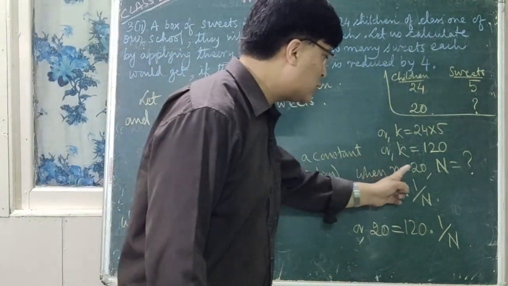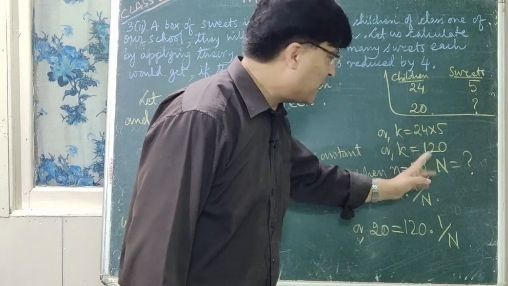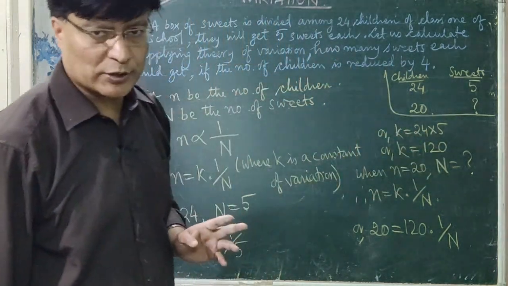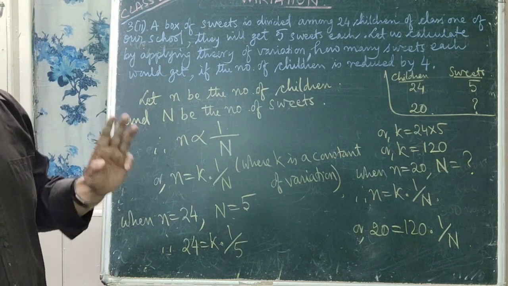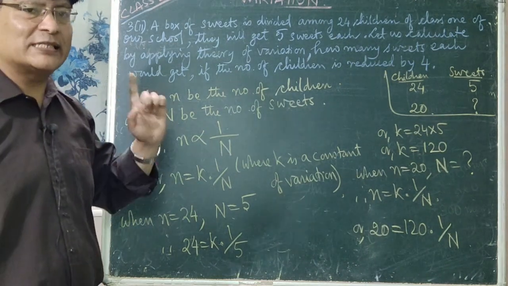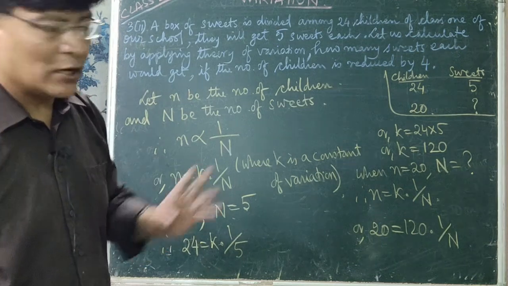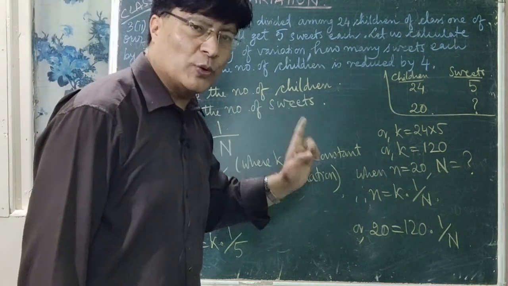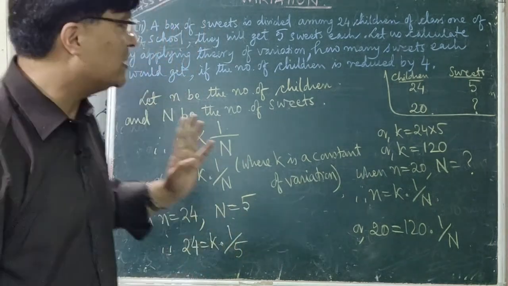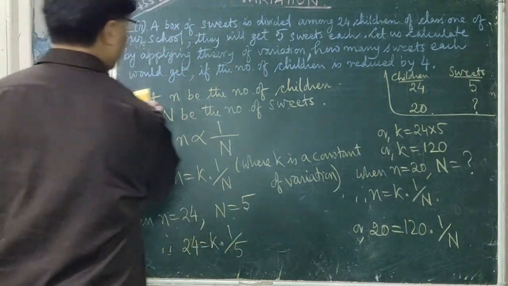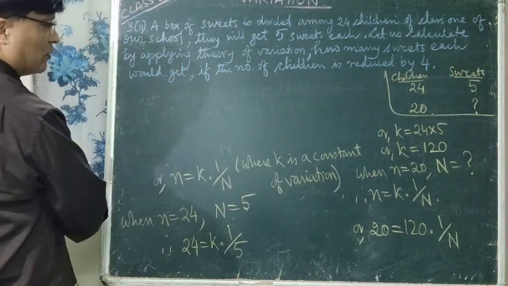जब number of children 20 छ भने प्रत्येक नानीहरुले कति कति स्वीट्स पाउँछ? If the number of children is 20, how much sweet will each child get? Okay, so let us find it now.